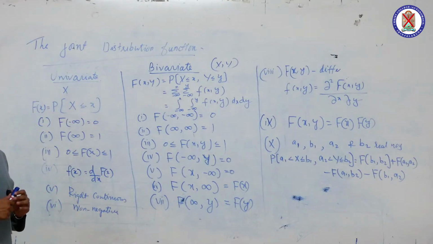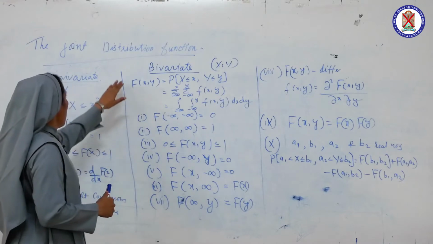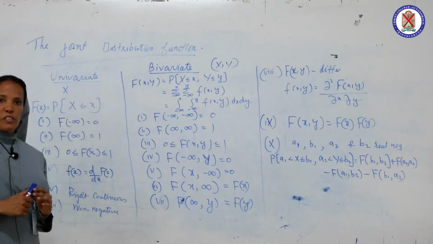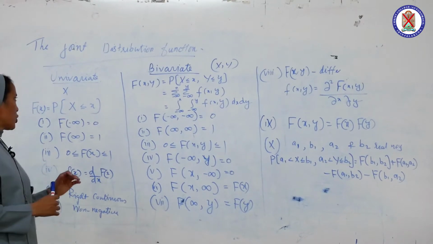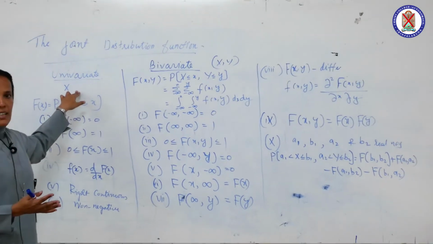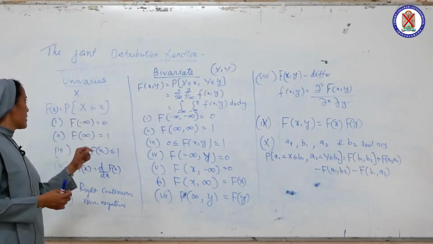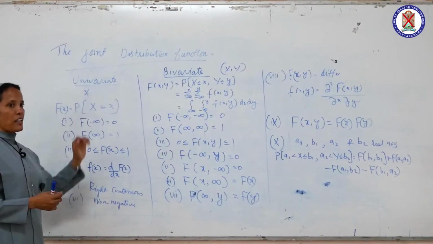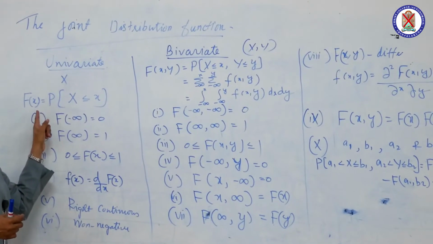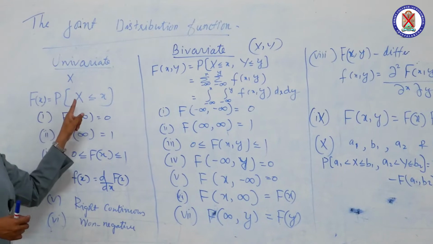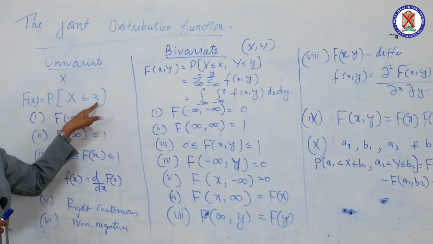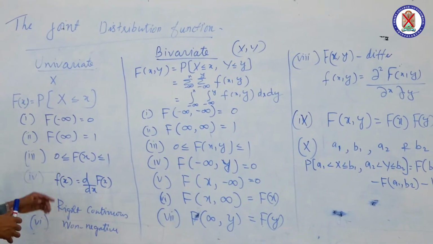Before entering into joint distribution function, we can revise the probability distribution function in the case of univariate distribution. We have x, a random variable, either discrete or continuous. Then the distribution function of this random variable x is given as F of x, which is equal to probability of the random variable x being less than or equal to a particular value, that is small x.